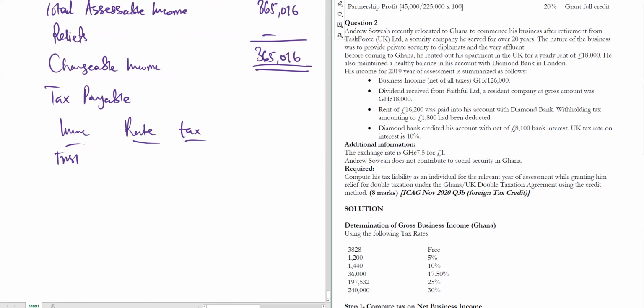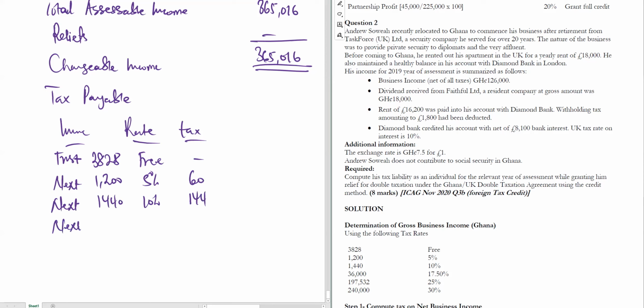We have the first 3,828 at nil, giving us nil. Then we have the next 1,200 at 5%. That'll give us 60. Then we have the next 1,440 at 10%, giving us 144. Then you have the next 36,000 at 17.5%.